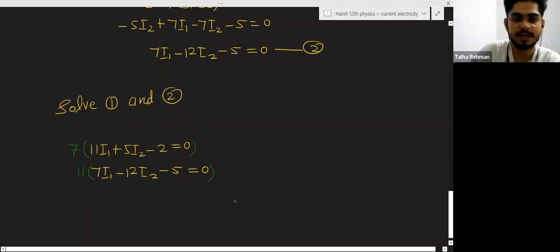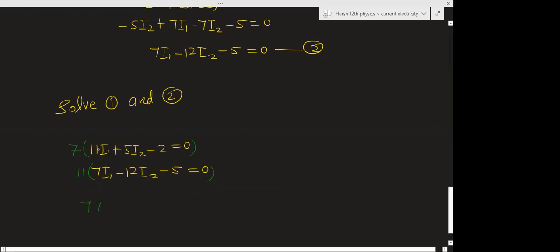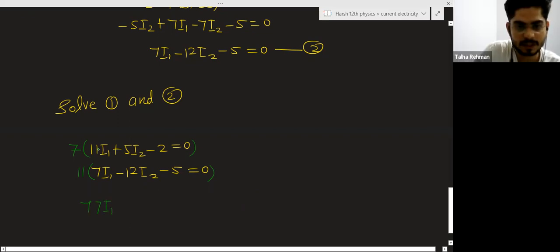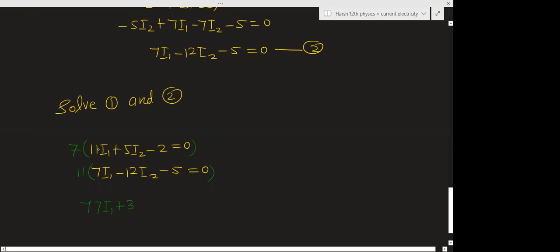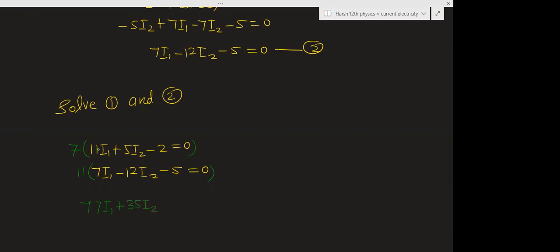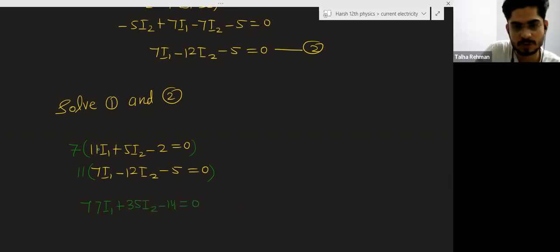So what will we get here? For this equation we will get 77 I1, here we will get 35 I2 minus 14 equal to 0.